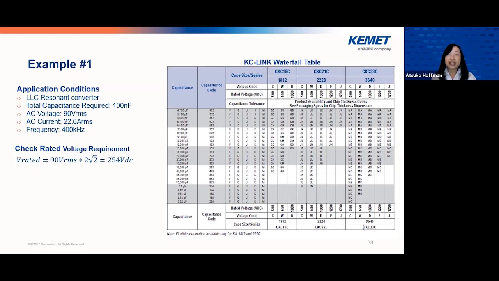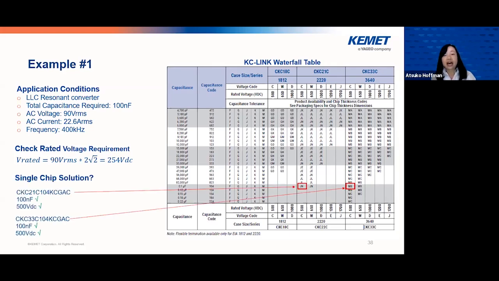So the first thing to choose the capacitor, you have to determine the required voltage. What will be the required voltage rating for the capacitors, and you can calculate using this formula. For this case, we need at least 254 volt DC rated part.